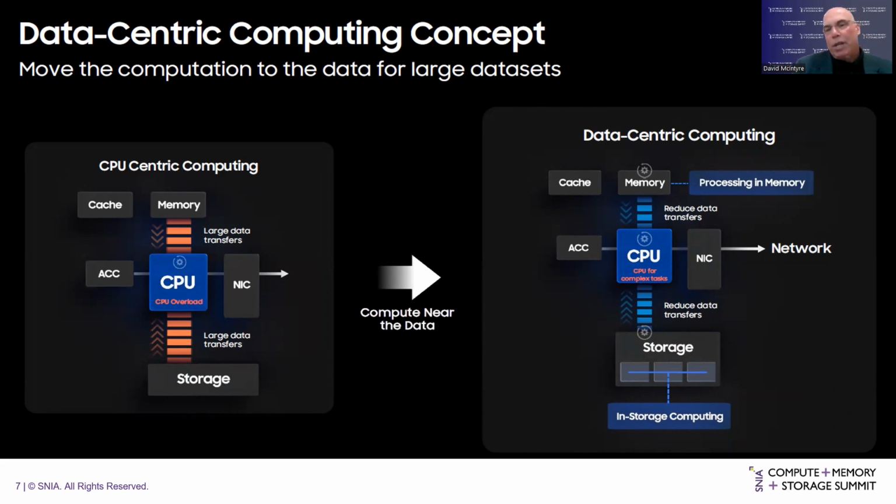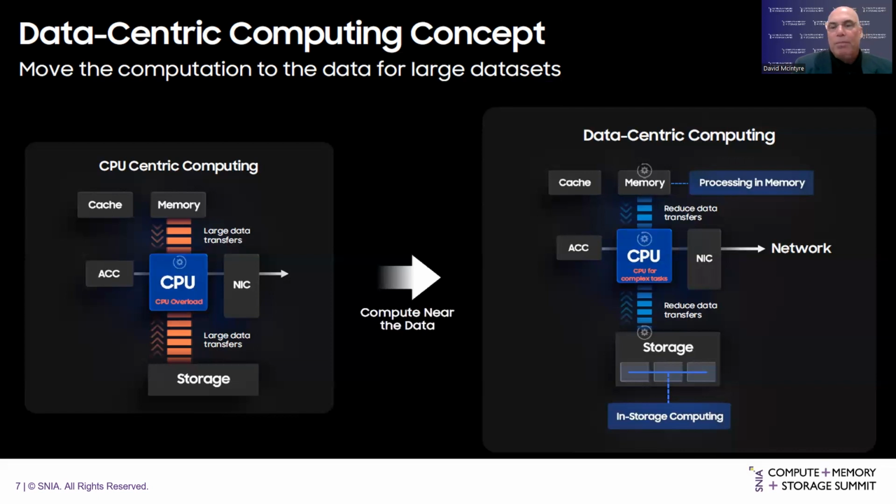And then as we build through on data-centric computing, we're familiar with, on the bottom, in-storage computing, which is computational storage, and Samsung Smart SSD is one production product that is a good example there.